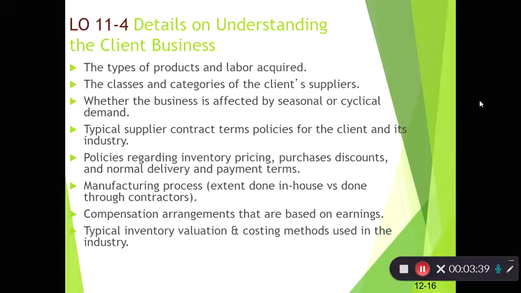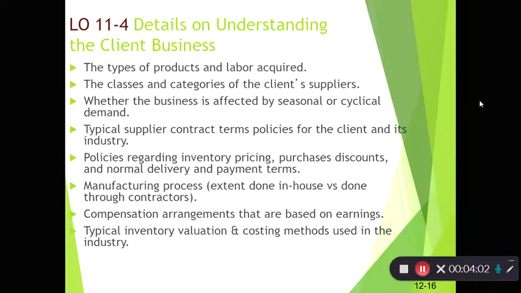But then how they take all that, put it together, and provide a service that they can sell, that whole process is conversion, right? The training you get at an accounting firm, that's conversion. So understanding what your client actually does to convert its inputs into an output that they can sell, that's this learning objective.